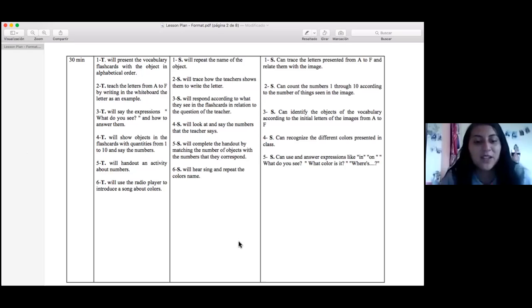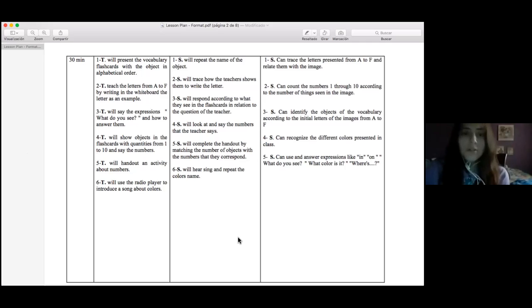The last activity is that the teacher will use the radio player to introduce a song about colors. The last activity for students is that they will hear, sing, and repeat the colors' names.